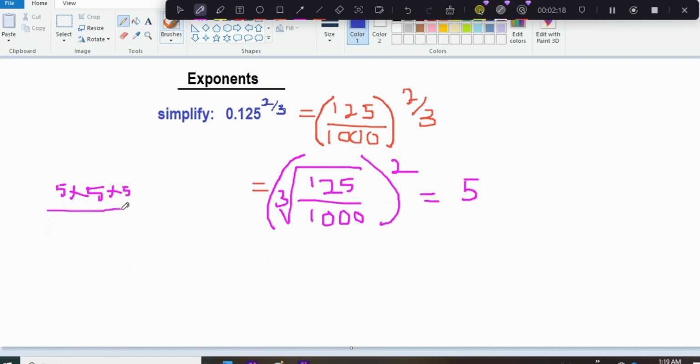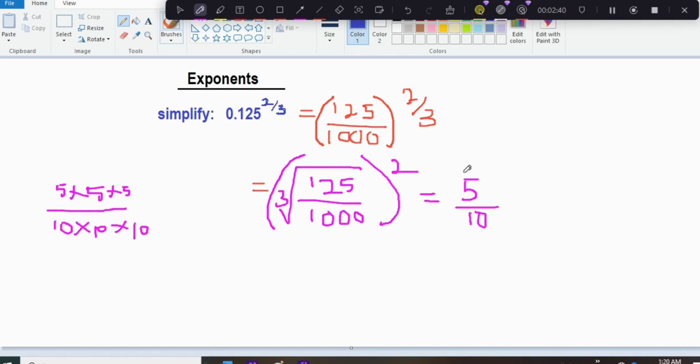And then we also know that 10 times 10 times 10 will give us 1000. So the cube root of 1000 here is 10.